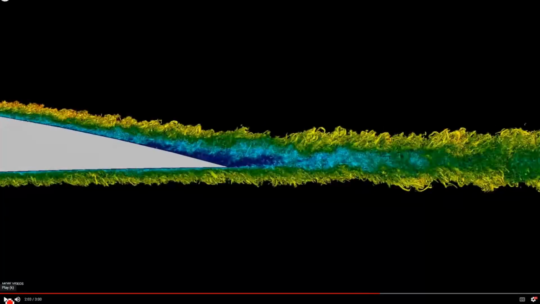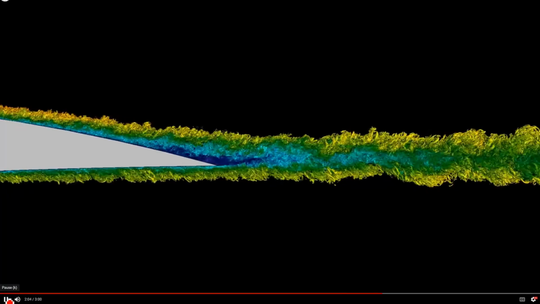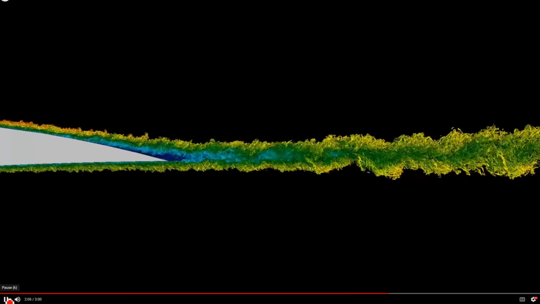So you can see how complex the turbulent structure of the flow is. Here the visualization is done by constant surfaces of vorticity. And vorticity, I would like to remind you, is a way of presenting angular velocity, the rotation of fluid.